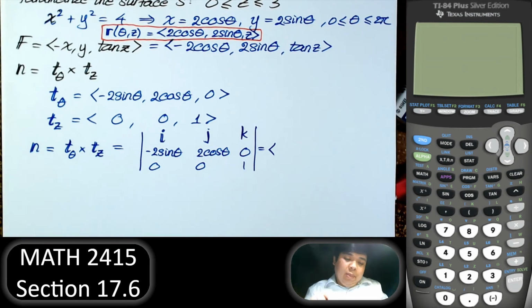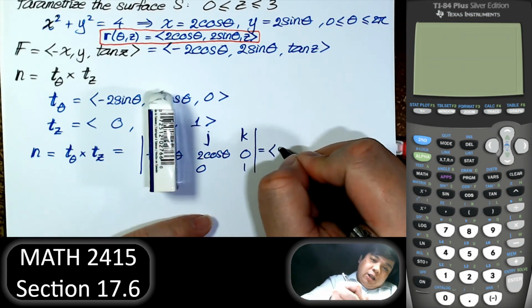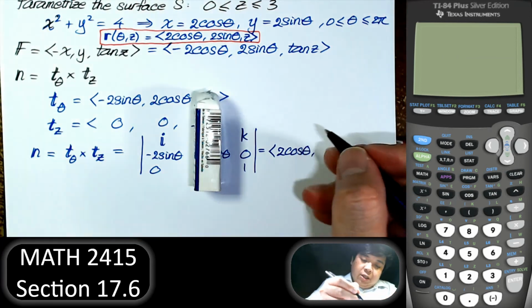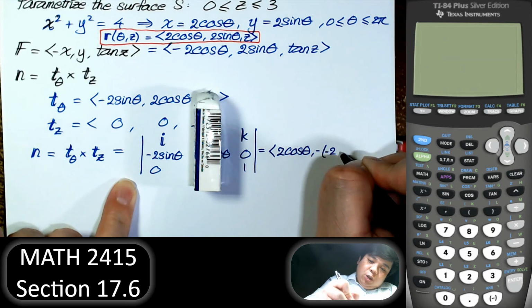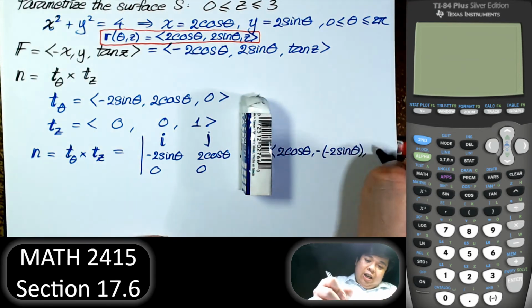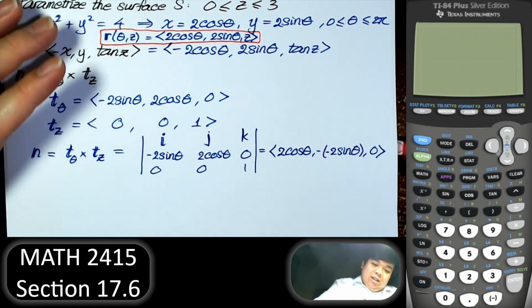So first one, 2 cosine theta, negative 2 sine theta, and 0. Yeah, that's easy.